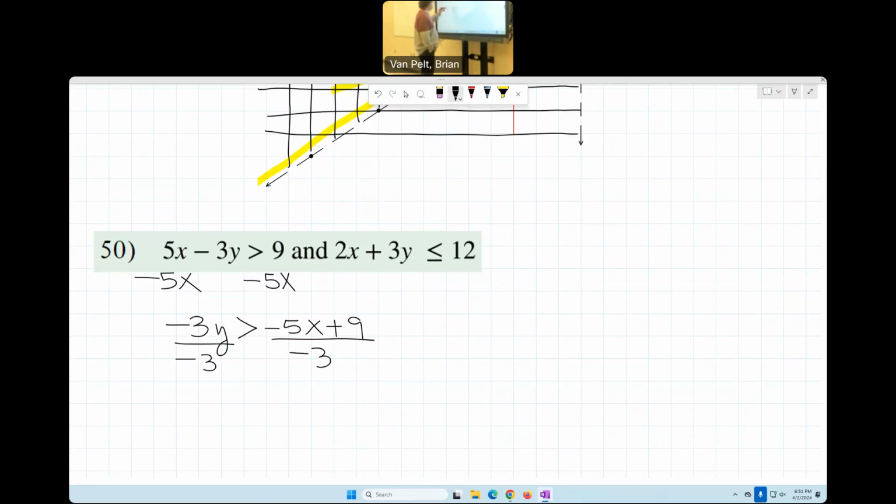And when you do that, that changes the orientation of the sign. So you have to do this, unless you want to plug in a 0 for y first and see what x is and then do the same for the other one. But this is the method we've used for all of our lines.